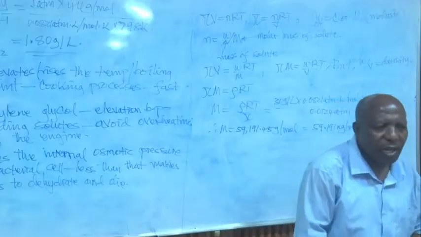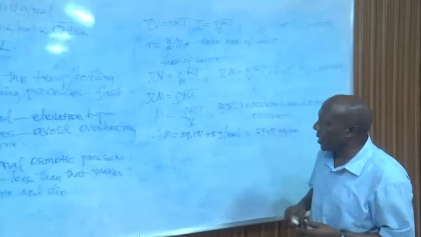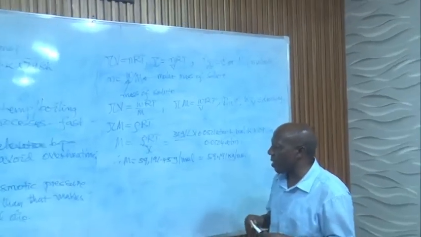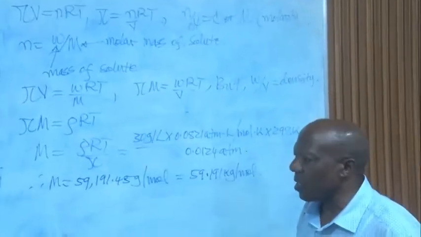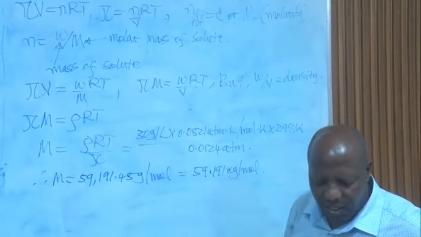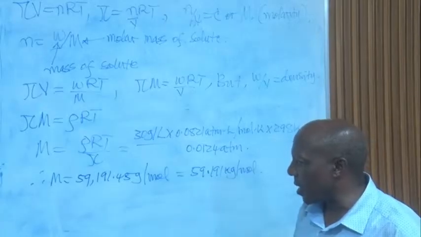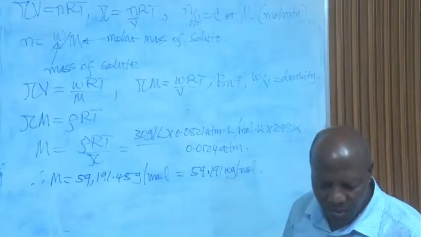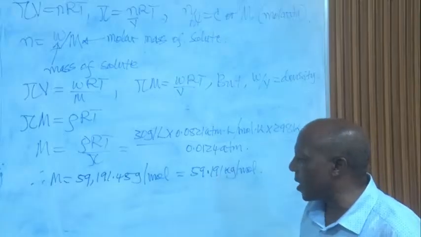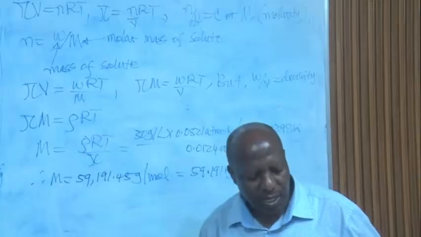Normally, osmotic pressure is mostly applied in the determination of the molar mass of large molecules, like proteins or other organic compounds. That is why the molar mass here is very large. It shows that this compound is a large molecule.